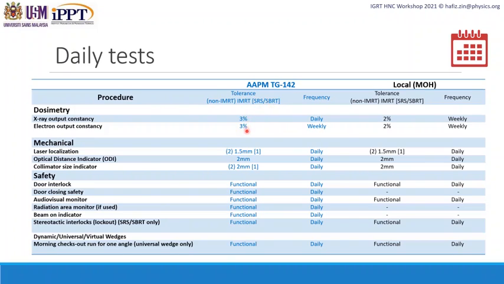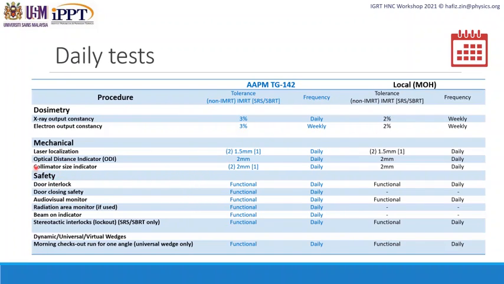So you can see for the output, the acceptable tolerance for AAPM TG 142 is daily, but for electron is weekly. And this is different to our national guideline, which is only weekly tolerance at 2%.